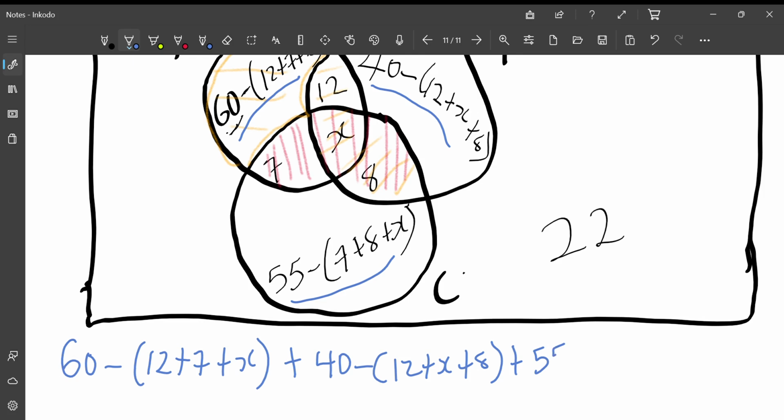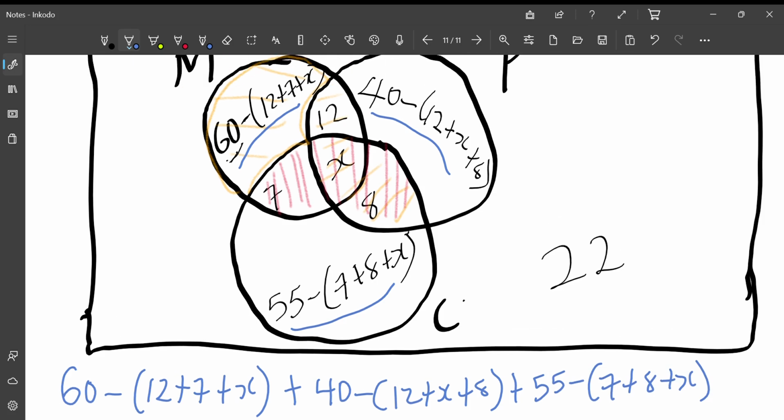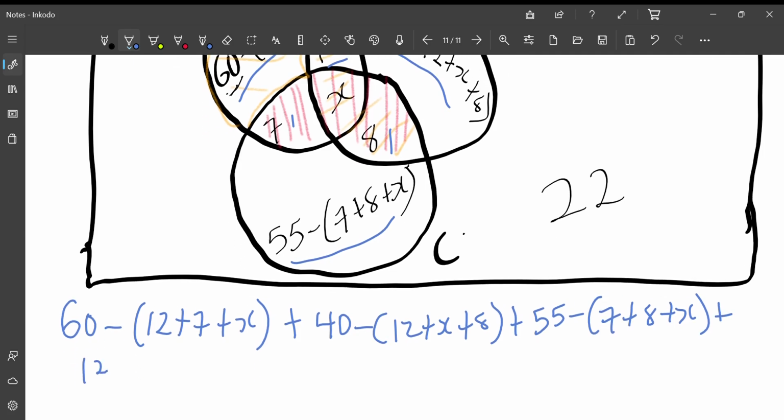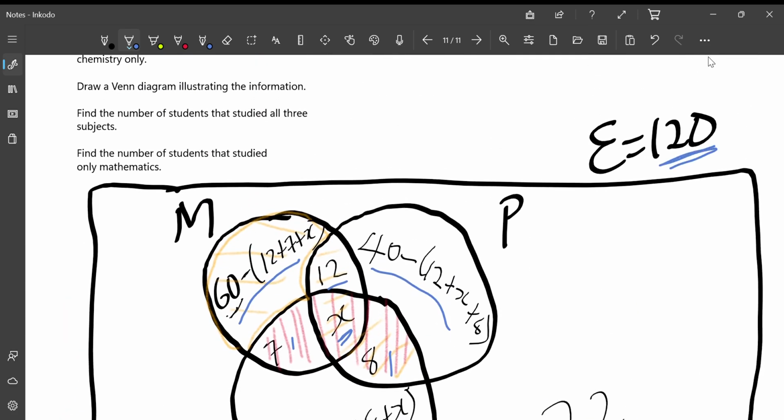Plus 55 minus (7 plus 8 plus x). Now, let's go to these inner circles: 12, 7, 8. Plus 12 plus 7 plus 8. Then plus the x in the middle, plus x, then plus these 22 students that did nothing, should all be equal to the total universal set, 120.